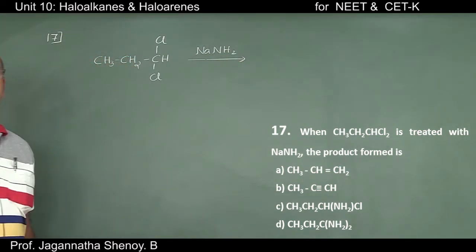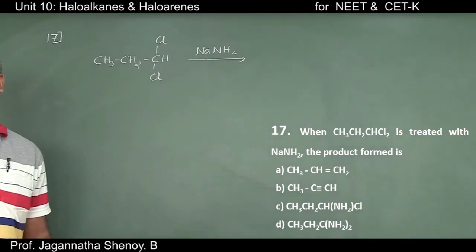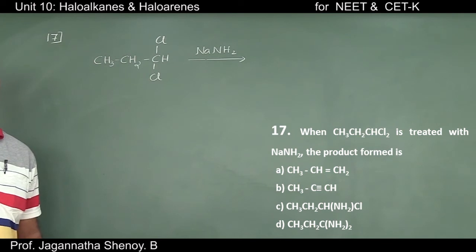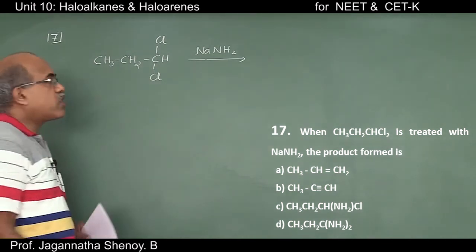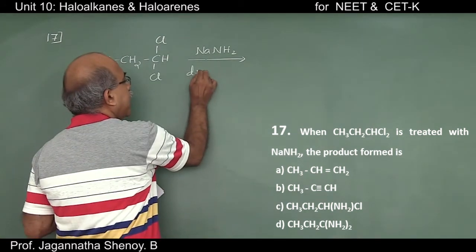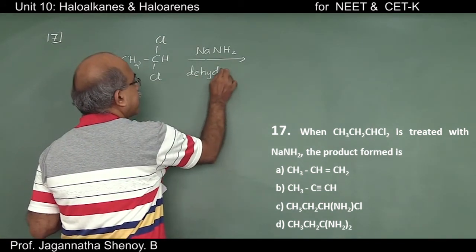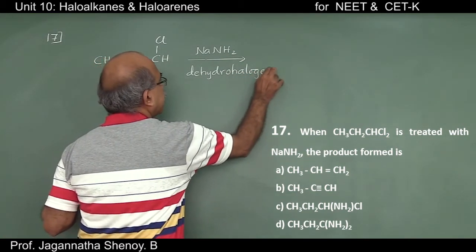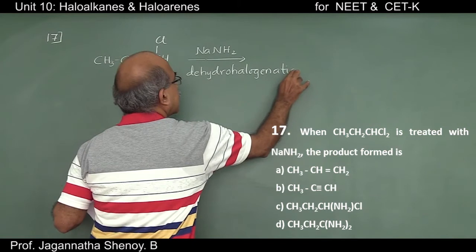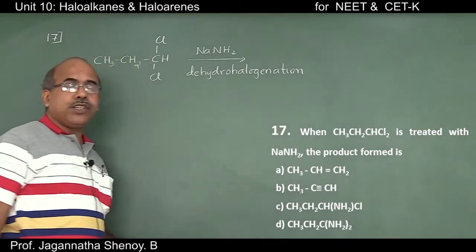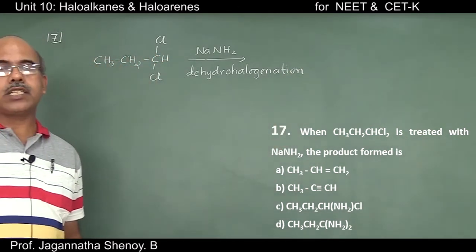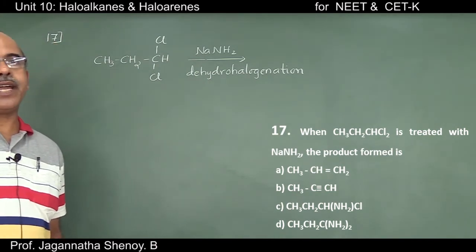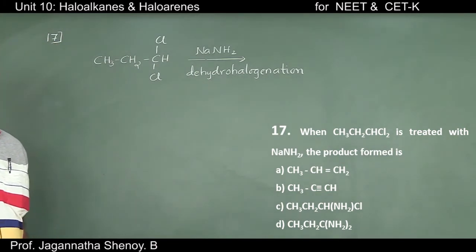You have not come across this reagent, but remember, NaNH2 is a very, very strong base. Hence, this will bring about dehydrohalogenation again. In other words, if I do not use alcoholic KOH, I can still use sodamide to bring about dehydrohalogenation reaction.